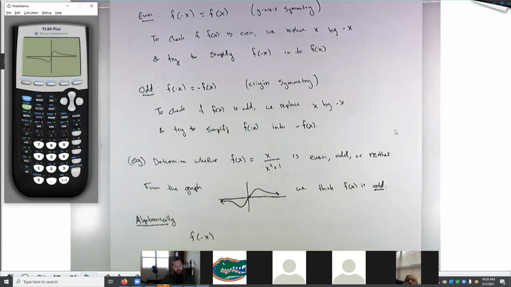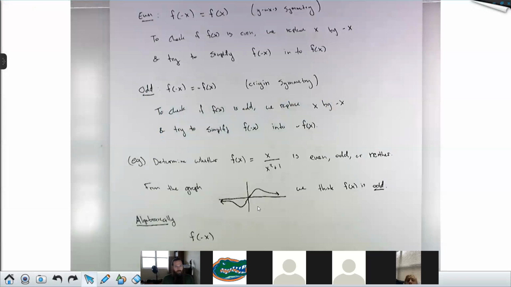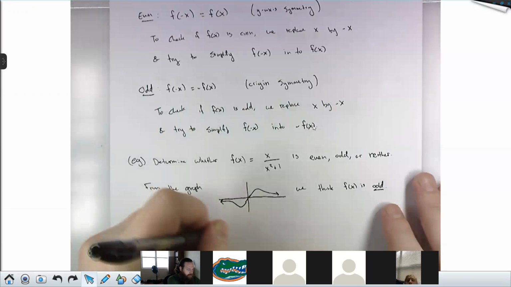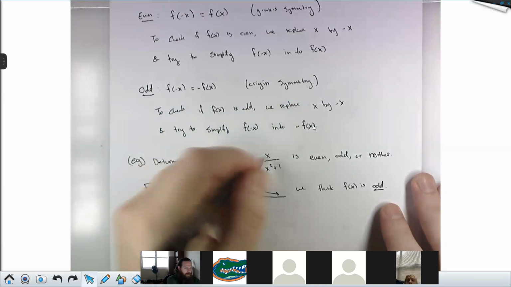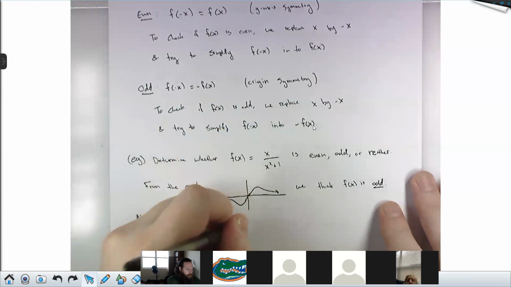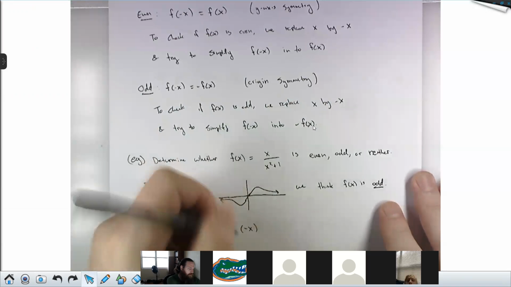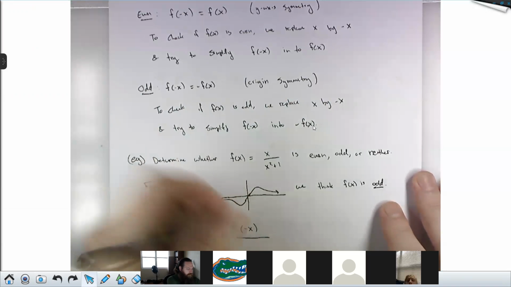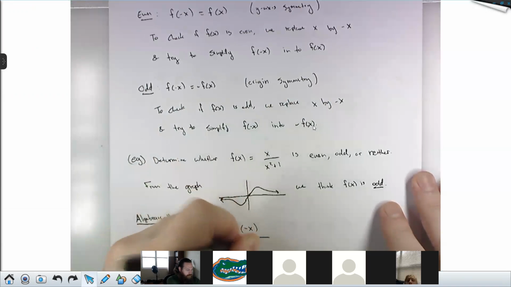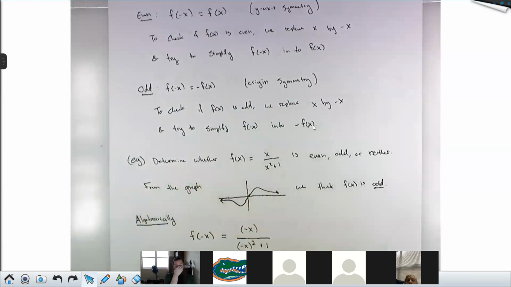To check if f of x is odd, we replace x by negative x and try to simplify f of negative x into negative f of x. So let's see if we can do that. F of negative x is what I get by taking all the x's that show up in here and replacing them in parentheses with negative x's. That looks like this.